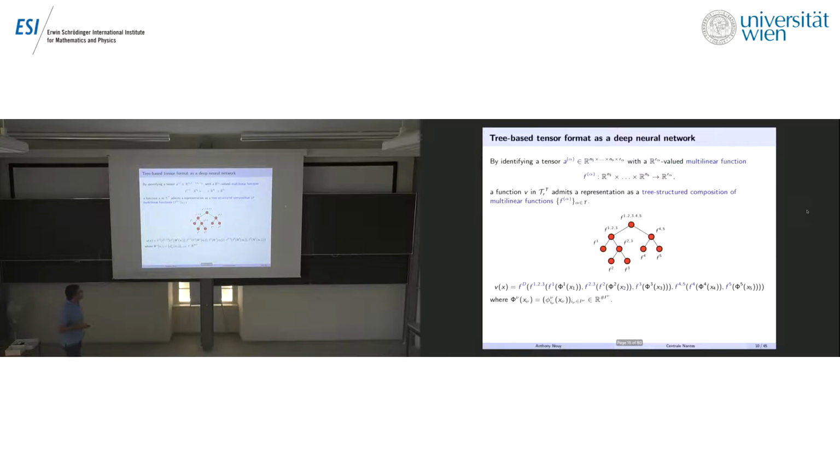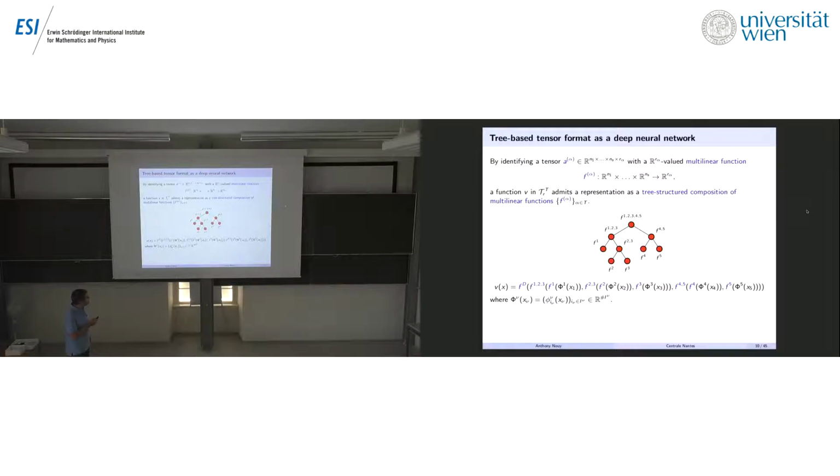Okay, now there is another interpretation of this approximation format as neural networks. And for doing this, you can identify the low-order tensors associated with each node with a multilinear function, which is a vector-valued multilinear function. In fact, these functions are associated with the different nodes.